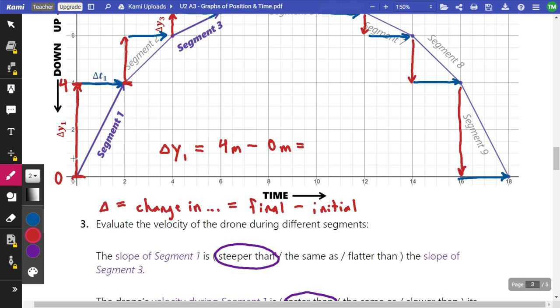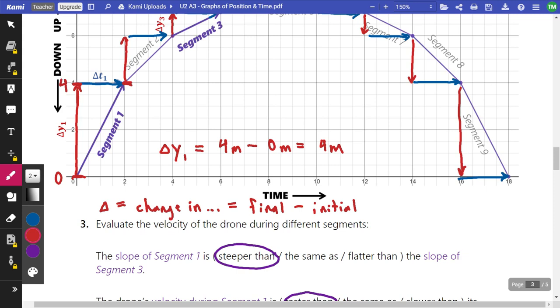So our change in position is 4 meters. You could also just count it out and say between 0 and 4 we have 4 meters, but this will also help you figure out the direction.